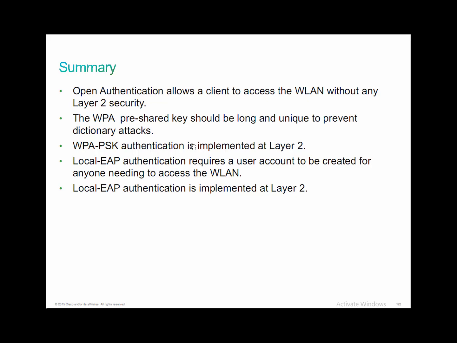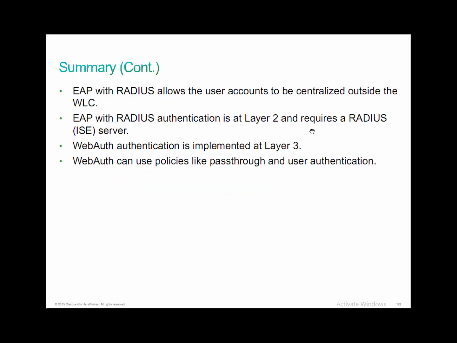WPA PreShared Key, PSK authentication implemented at layer 2, not layer 3. We talked about local EAP and what local EAP provides. AAA functionality without the use of an external AAA server. Then we talked about EAP with Radius, how we can use ICE to establish those policies and authentication.